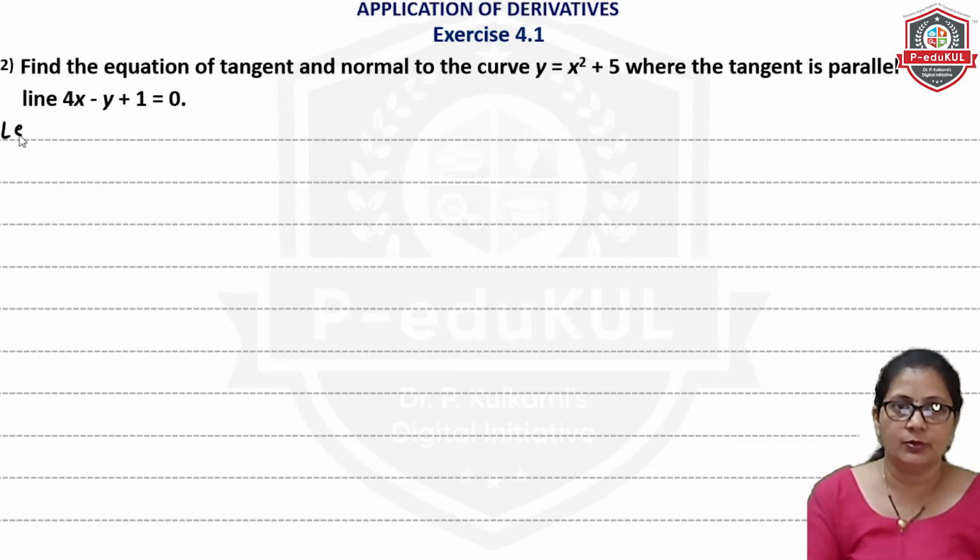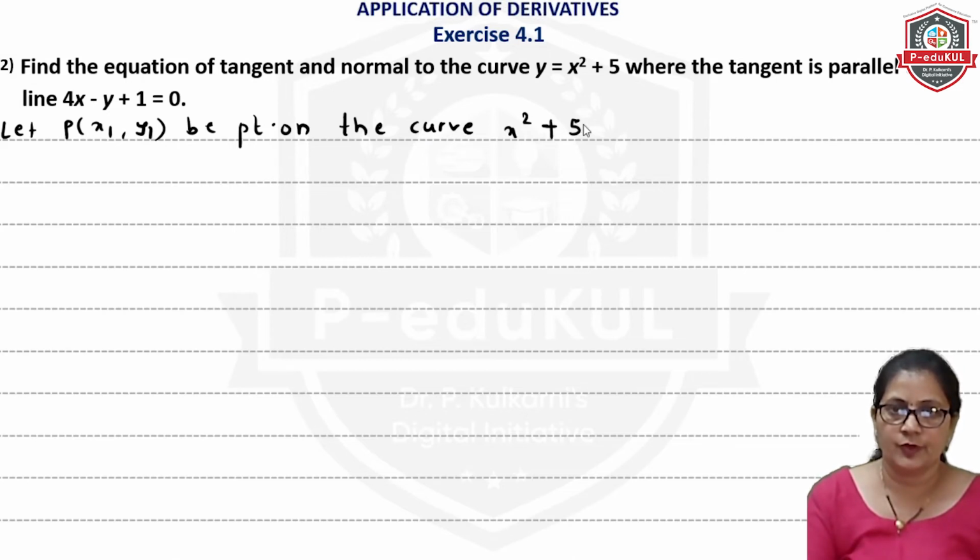So we will write first: let P(x1, y1) be the point on the curve x square plus 5 is equal to y, where the tangent is parallel to this line. Okay.